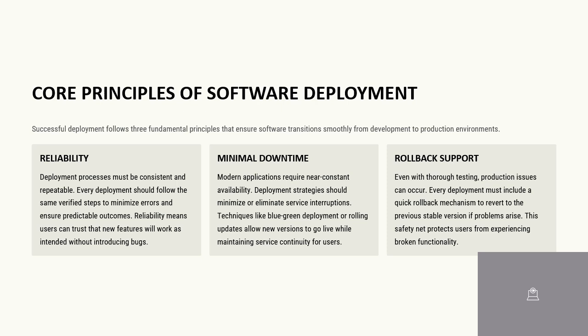It has to be consistent, repeatable, the same steps have to be followed, errors minimized, and we should be able to predict the outcomes. Users must be able to place trust: whenever I need this, it is available. I can trust that it will work as intended without any errors. That was the first point.